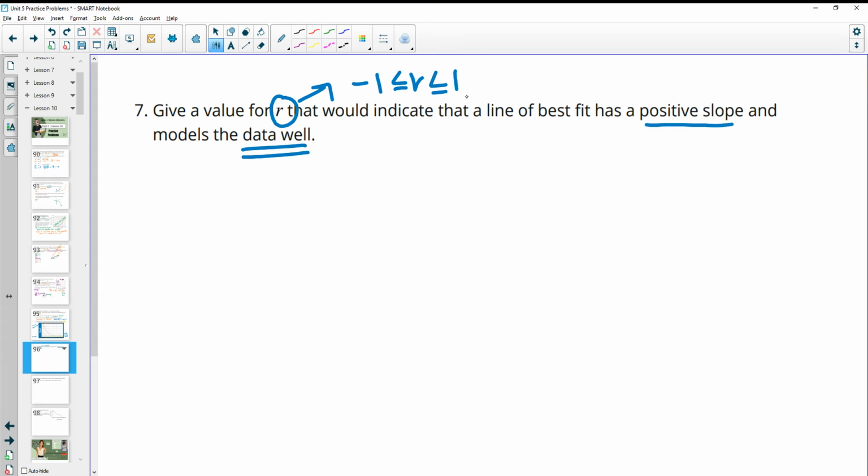If they're closer to +1, then it's a positive slope. -1, then it's a negative slope. So we want this to be positive and model the data well. So something like an R value of positive 0.95 or 0.96, 0.97, 0.99, anything. I would argue anything probably like 0.9 and higher, or 0.85 and higher would model the data well.